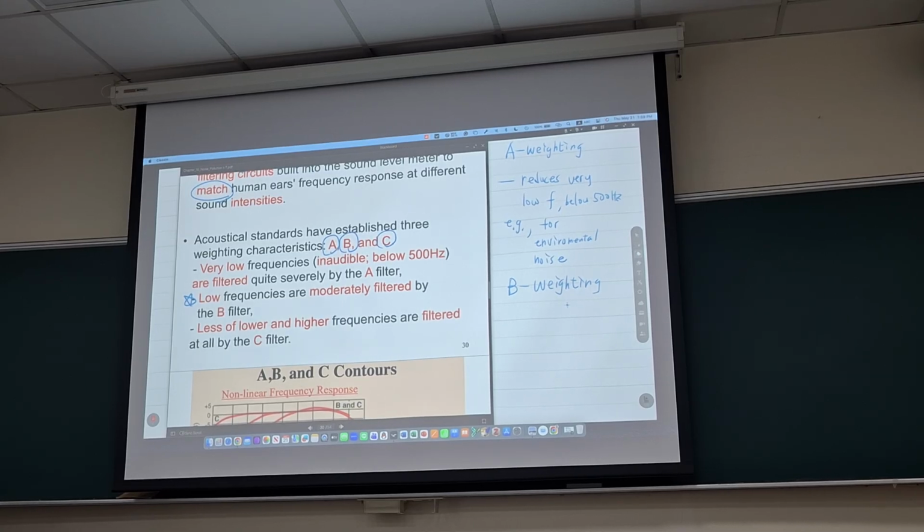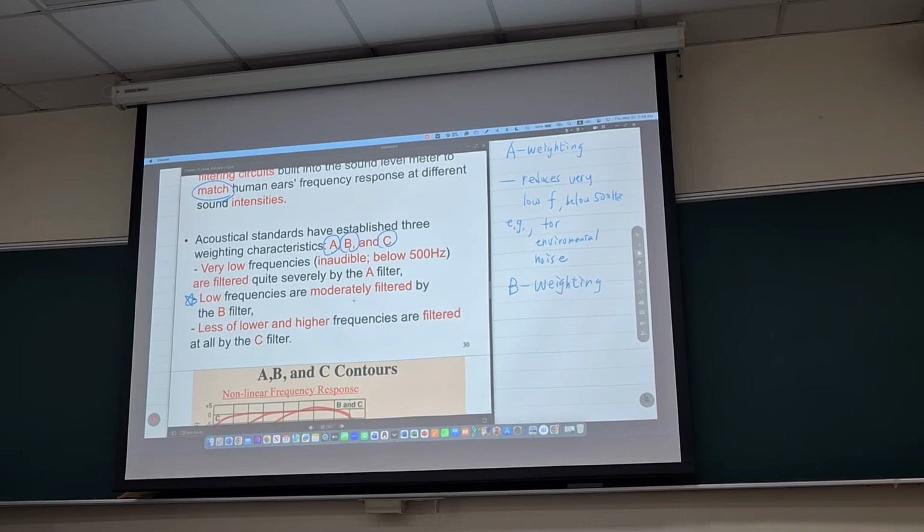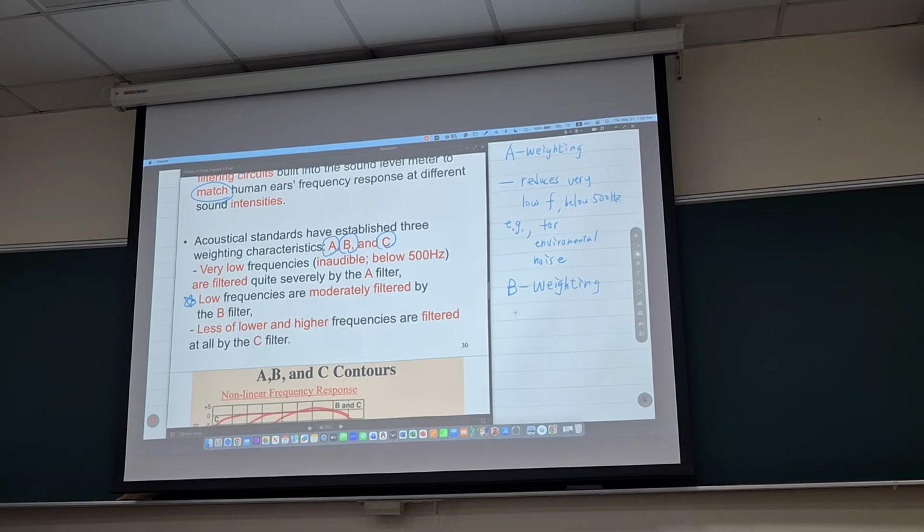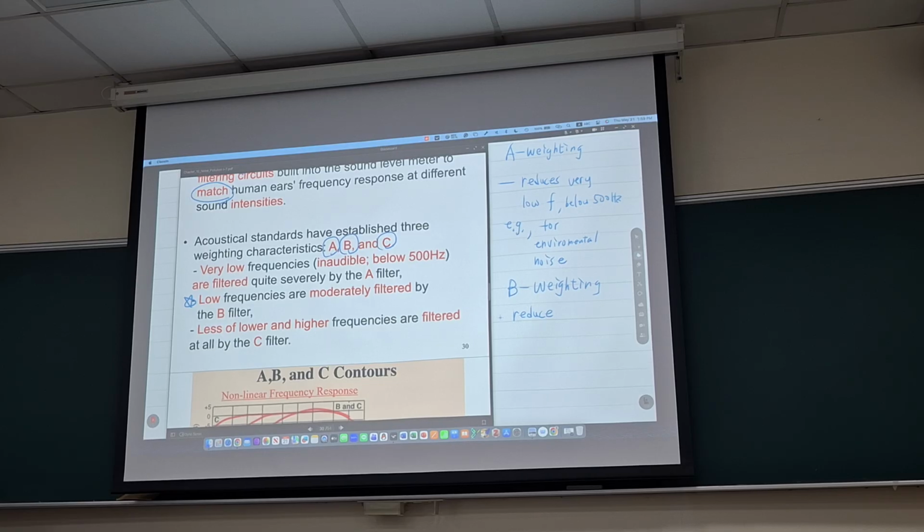It reduces moderately low frequencies. Commonly used.